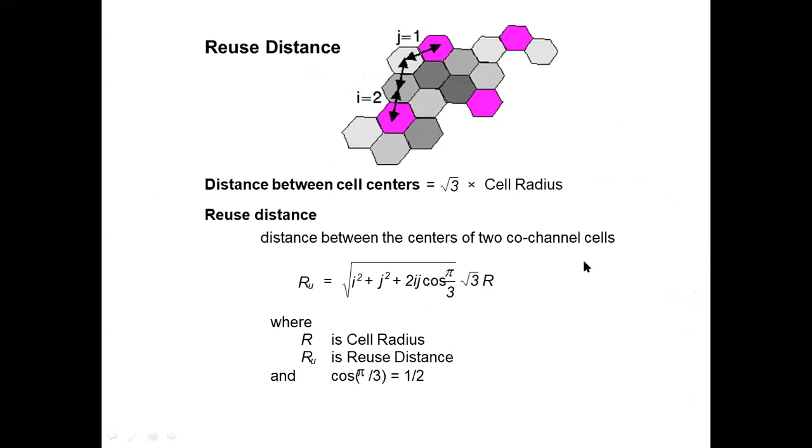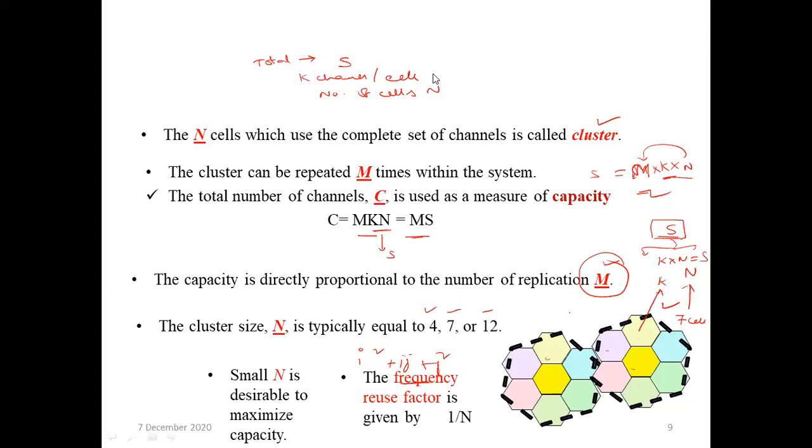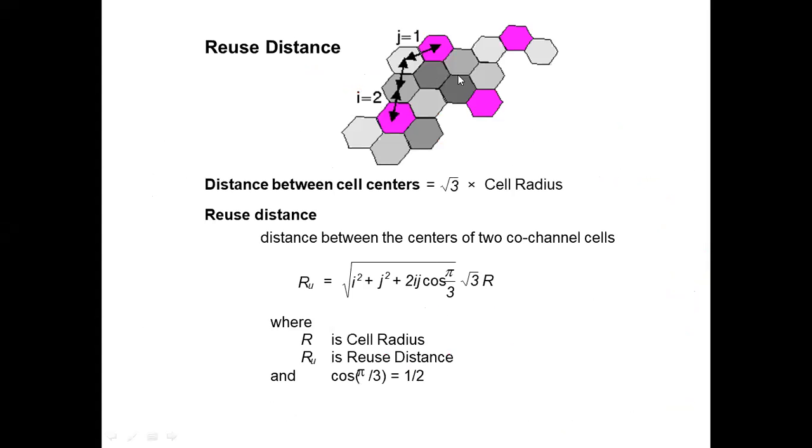This is the reuse distance. I'm not going to cover the formula, it is not required. What is the reuse distance between two clusters? This is one cluster, this is another cluster. It depends upon the cell size, that is the radius of the cell, from this point to this point. It depends upon the i and j movements also.